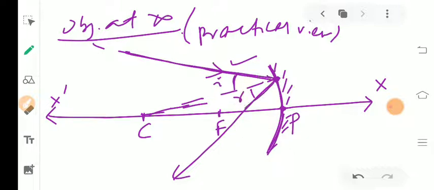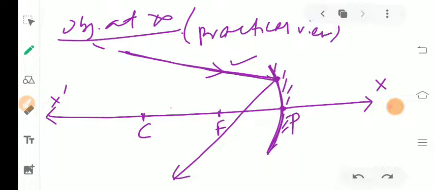And when it passes through this path, the angle of incidence is equal to the angle of reflection. But if it passes through focus, then the angle of reflection will be less than i, which will not happen. So I think you could understand this. This is not required when you draw the ray diagram. Hence, this is the reflected ray.